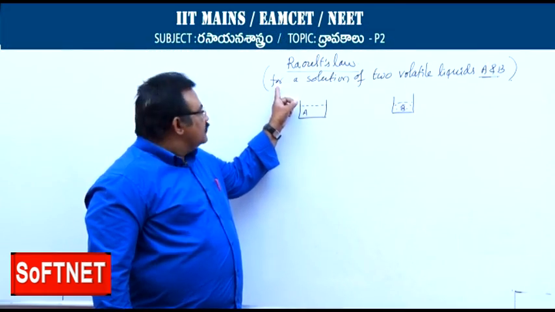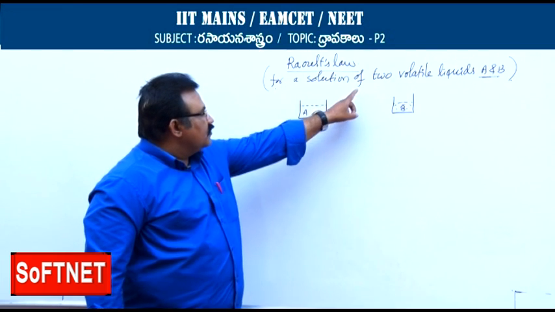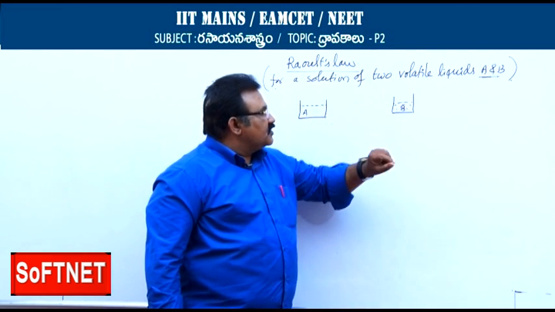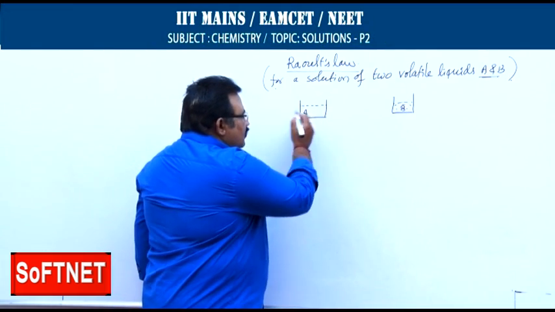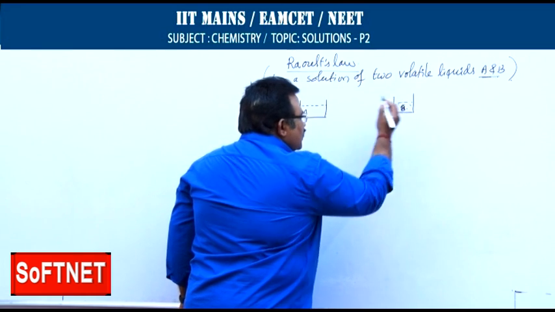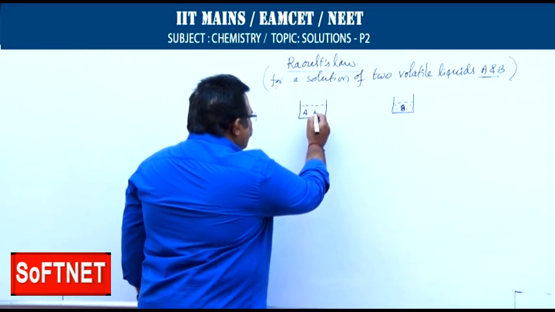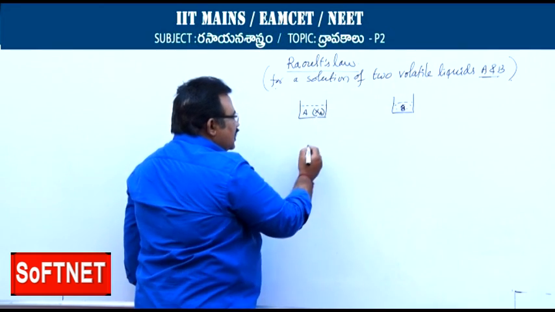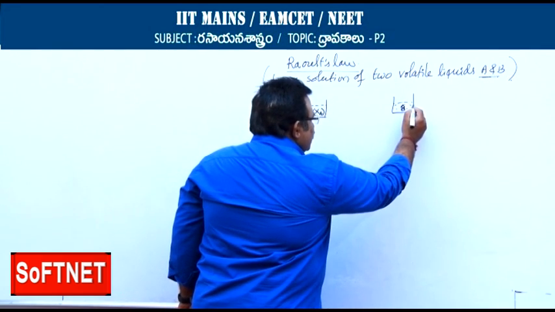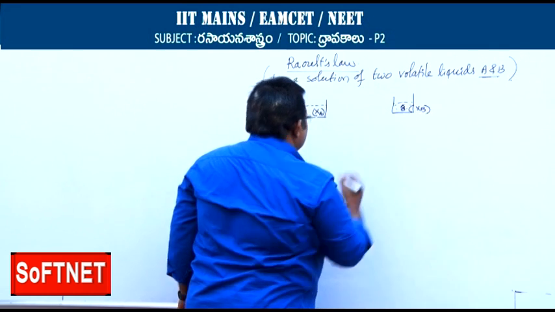Raoult's law for a solution of two volatile liquids A and B. This is volatile liquid A, this is another volatile liquid B. The mole fraction of this liquid is XA in liquid phase. Here the mole fraction is XB.